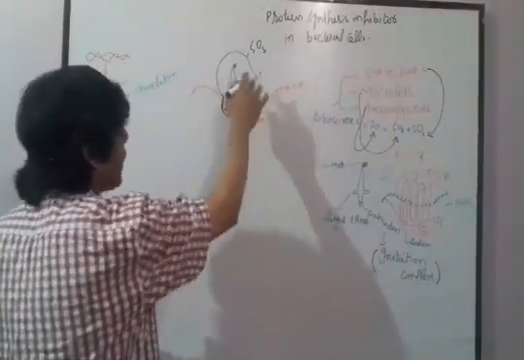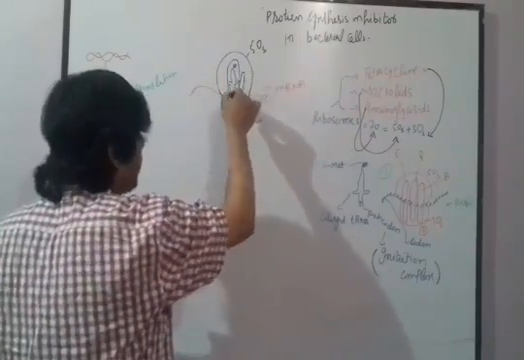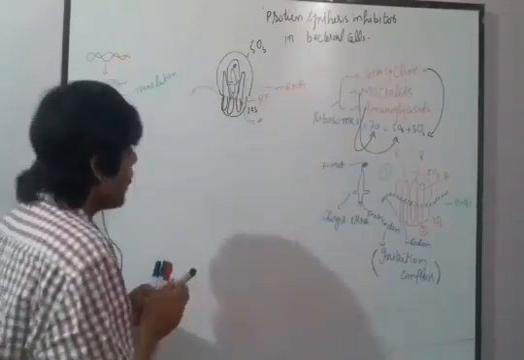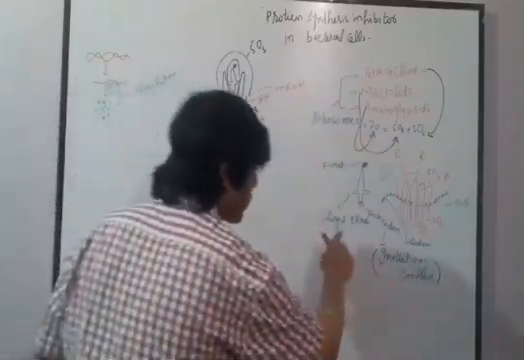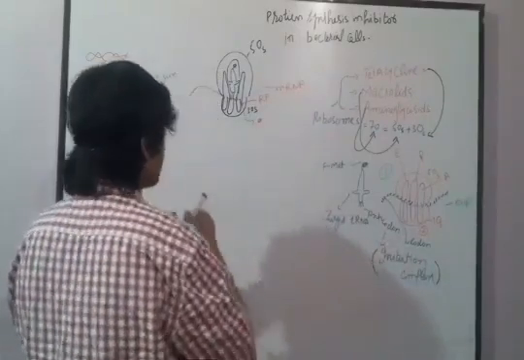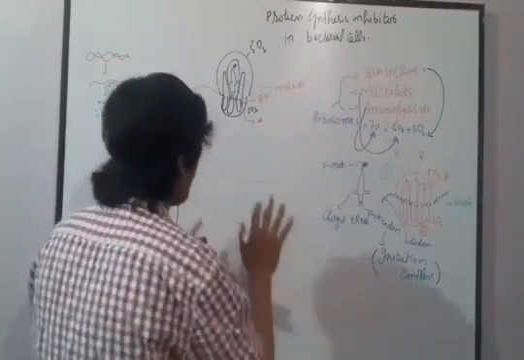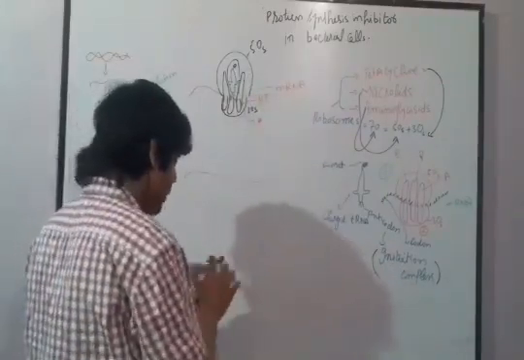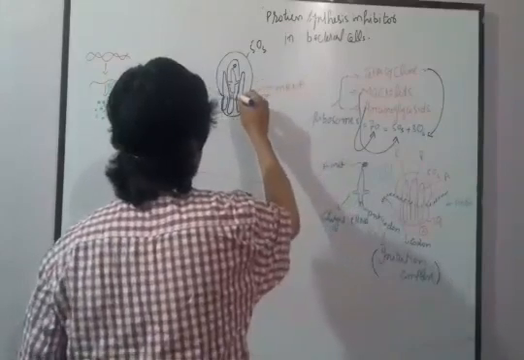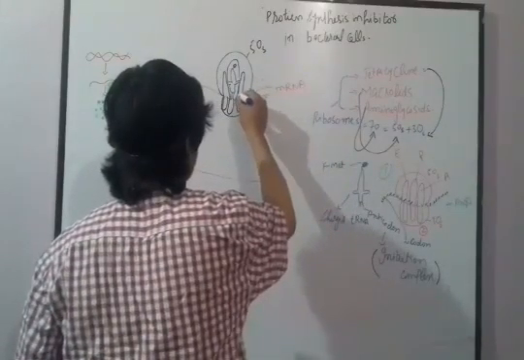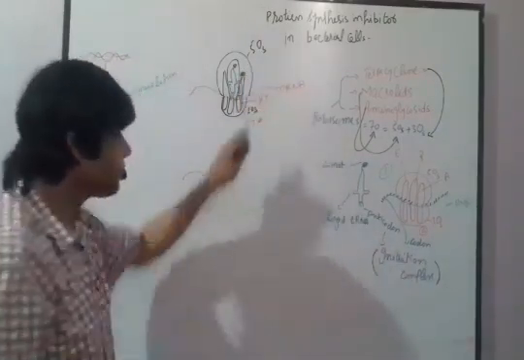When the 50S subunit binds, it also carries three sites: P, A, and E. After that, another new charged tRNA will bind to this A site, carrying its amino acid.